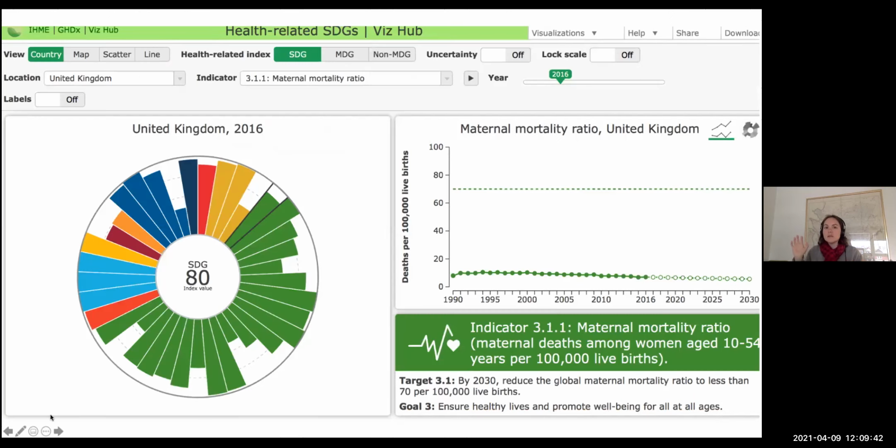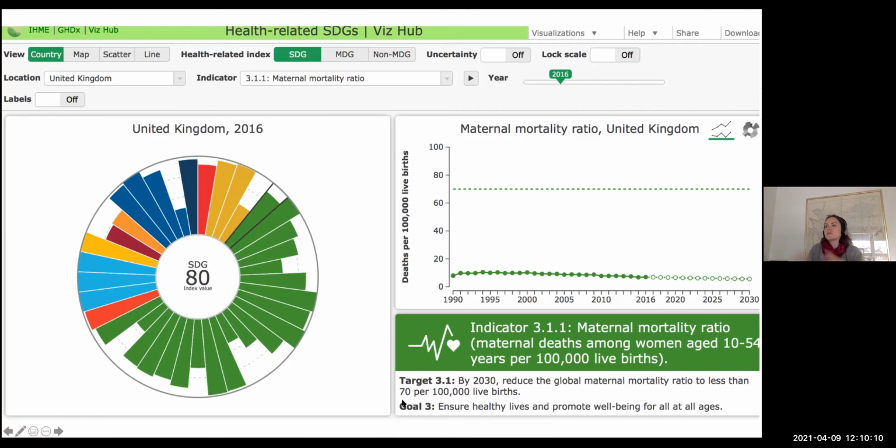Another example is something like the health-related SDGs. This is also from the Institute for Health Metrics and Evaluation. And again, if you hover over any of these on their website, it'll show you exactly which indicator. This is an example where you can see how they're progressing on the different indicators. And again, there's these questions about how do we decide what indicators to collect in the first place, what targets to use.